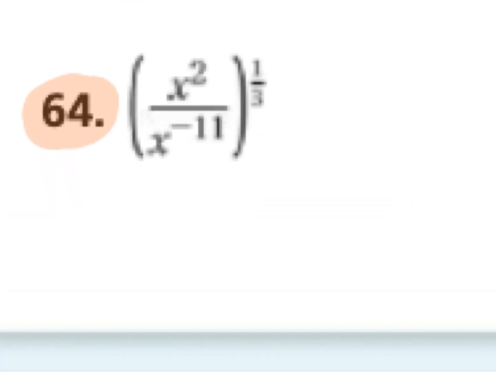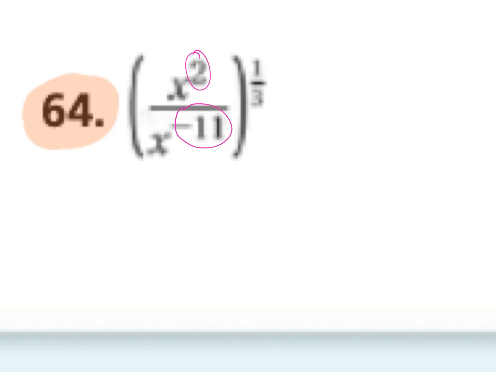Okay, 64, x squared over x to the -11th, and taking everything to the 1/3 power. So if we simplify this, I would probably, what would I do first? I would probably do this first. Okay, they're both x's.